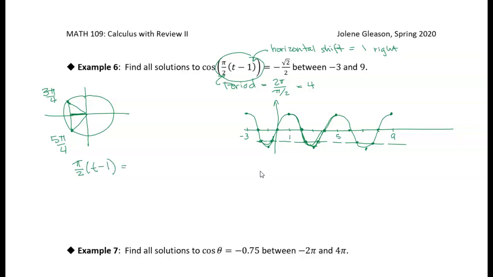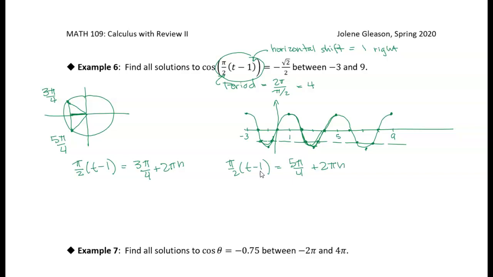And that has to be either 3 pi over 4 plus 2 pi n, okay? Or pi over 2 times t minus 1 is equal to 5 pi over 4 plus 2 pi n, okay? Now we just need to solve for t.